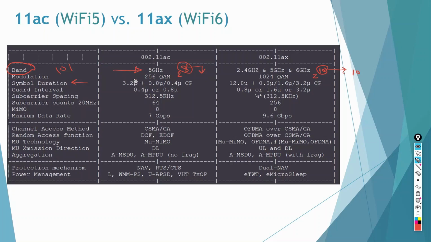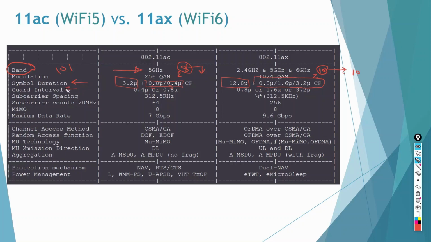Basically, it is 3.2 microseconds, and we add to that an immunity period called the guard interval. It is either a long or short interval of 800 nanoseconds or 400 nanoseconds. Now, this number in 11AC has been quadrupled. We also add the guard interval into the number.